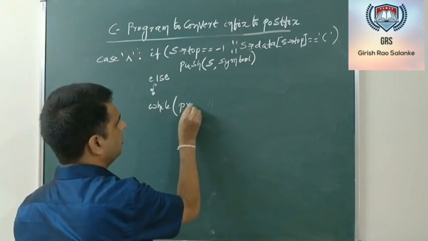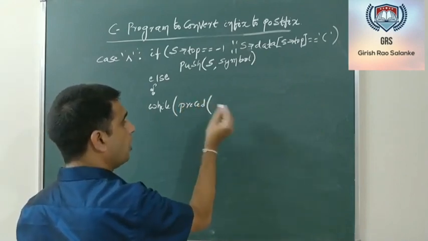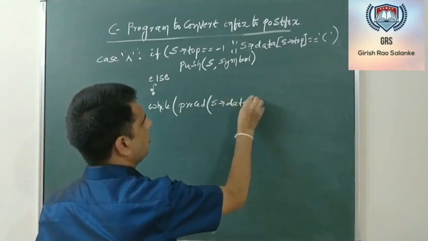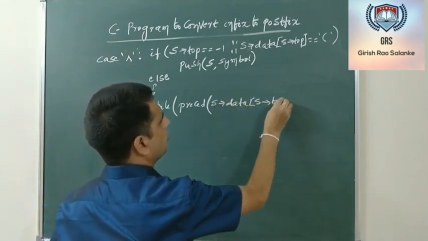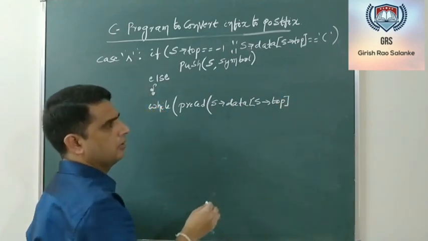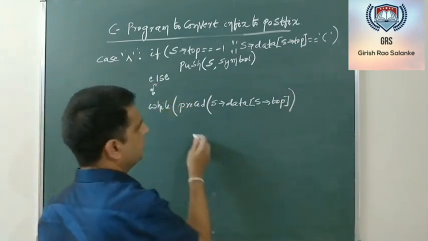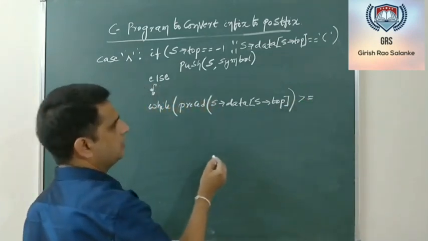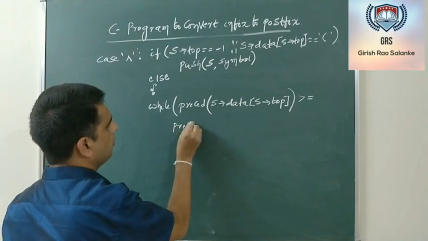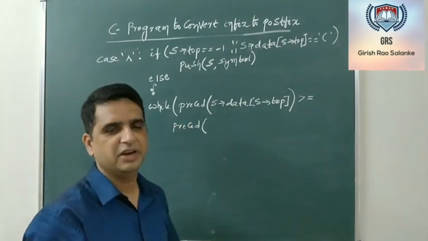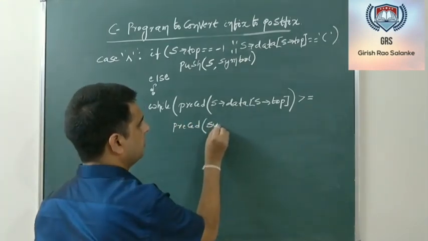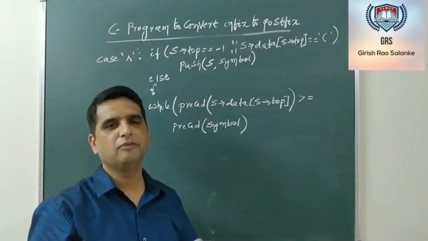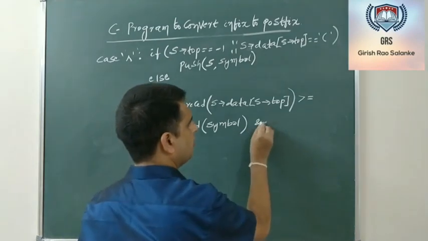While precede of S of data of S of top is greater than or equal to precede of the scanned symbol, which is there in the variable symbol. This is one case.